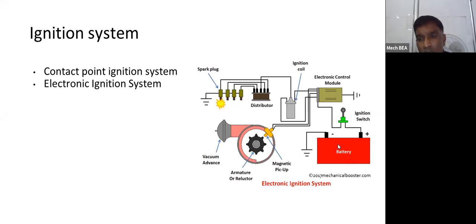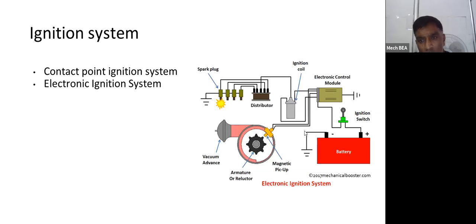This one is the battery. Here it is shown as the ignition switch. Then this one is the ECM, that is the electronic control module. This one is the ignition coil, one container. Then here is the distributor. These are the spark plugs, and this is the armature or reluctor.